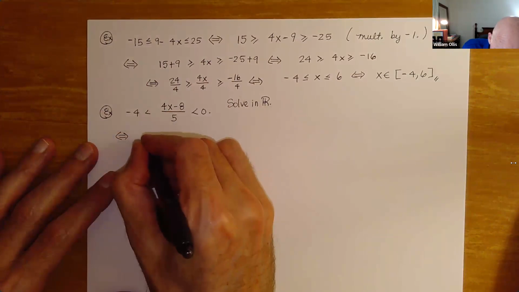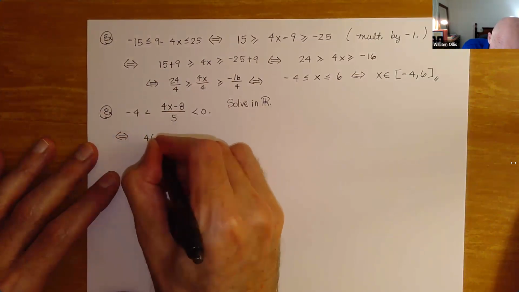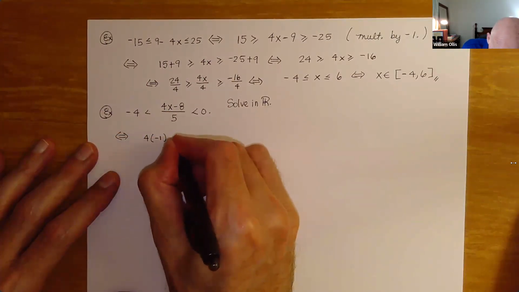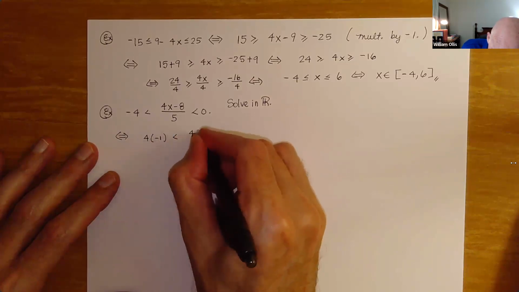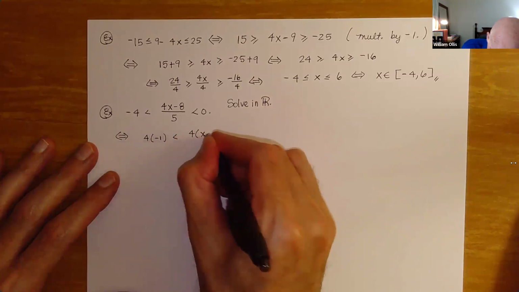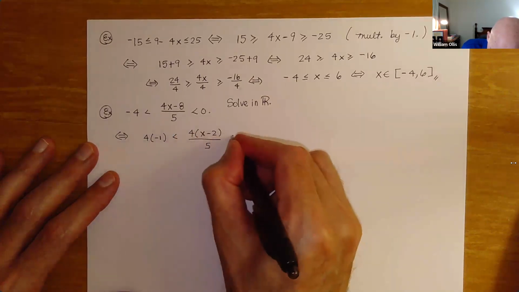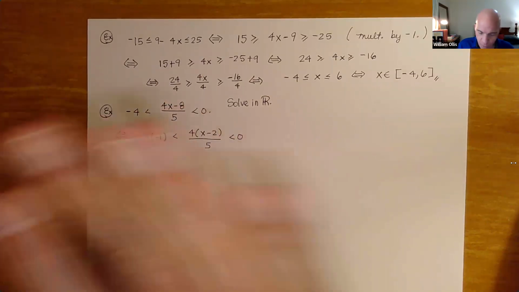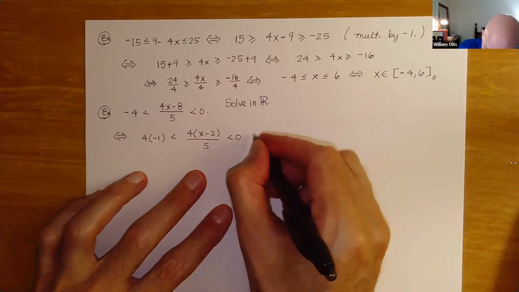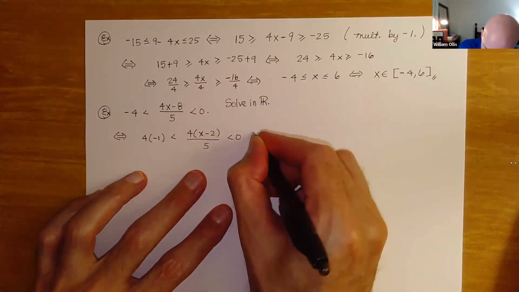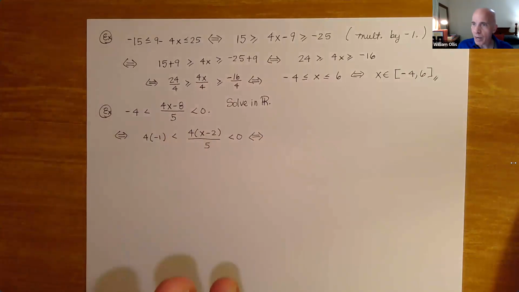So we have, if you like, a 4 times a negative 1. And then we have the 4 times the x minus 2. Just factor this. And of course, we'll take care of the 5 downstairs. We'll just do this in small steps, as sometimes they say, baby steps. Don't worry about just knocking a home run right away.